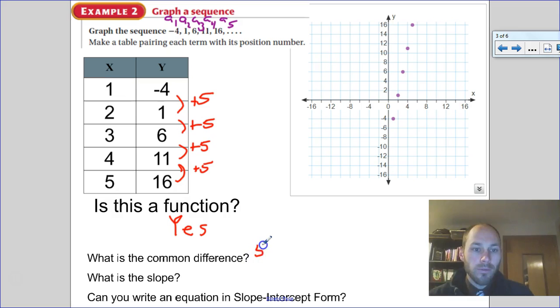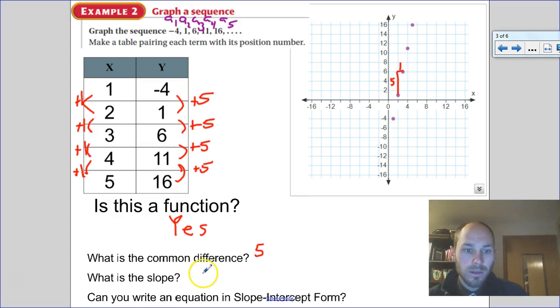Now, looking at the graph, what's the slope? Slope is the difference in the y over the difference in the x. The x's are increasing by 1, so it's changing 5 in the y for every 1 in the x. And I can look on my graph and see the same thing. You go from one point to the next, it goes up 5 over 1.